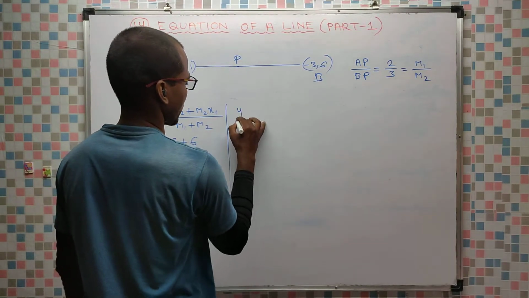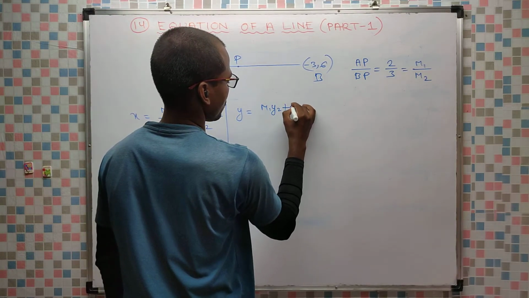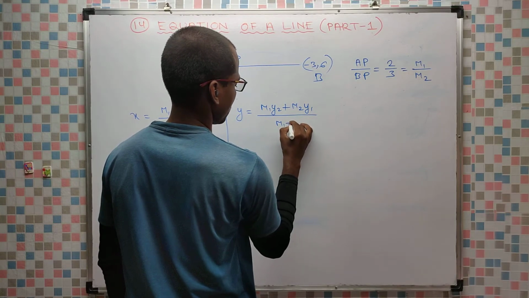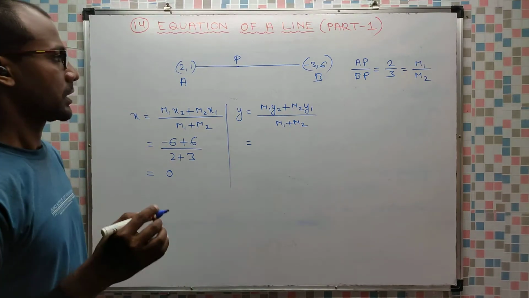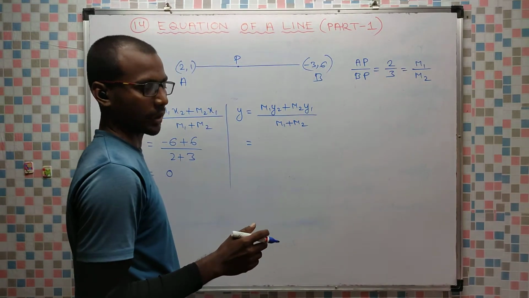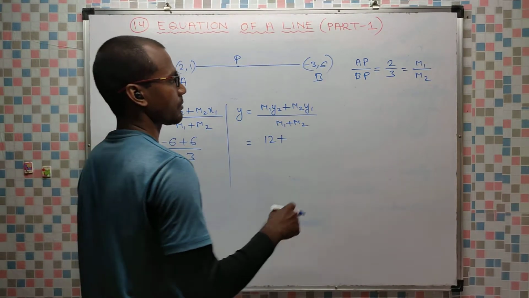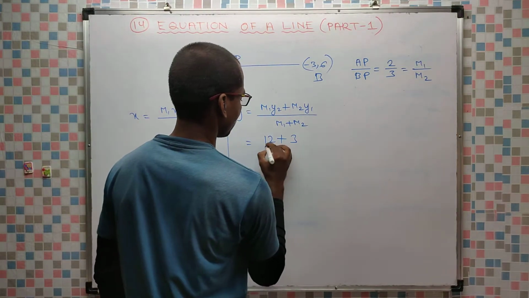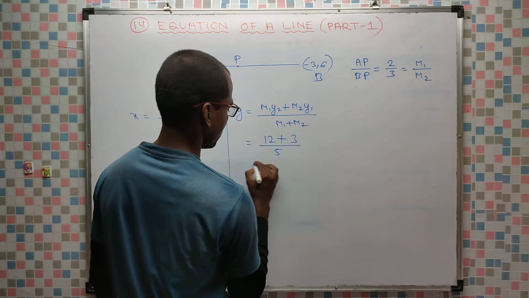Now let us go for y. (M1 y2 plus M2 y1) by (M1 plus M2). Let us find M1 y2: 2 into 6, that is 12, plus M2 y1 means 3 into 1, that is 3, by M1 plus M2, which is 2 plus 3, that is 5.